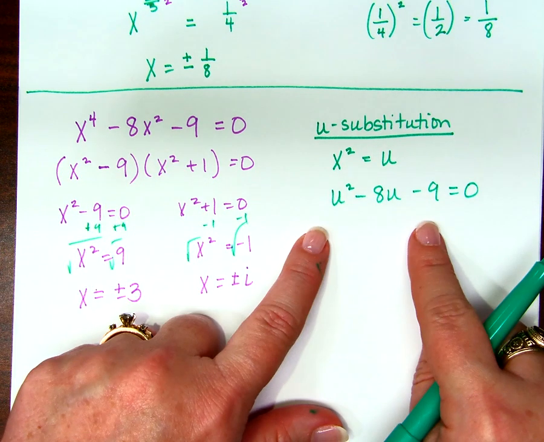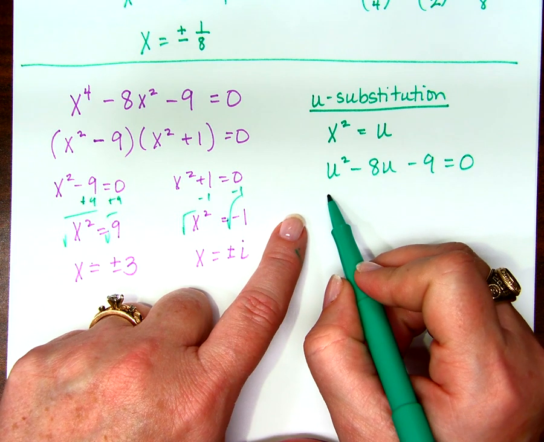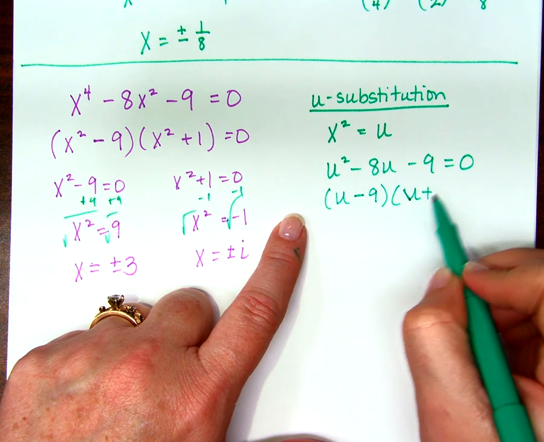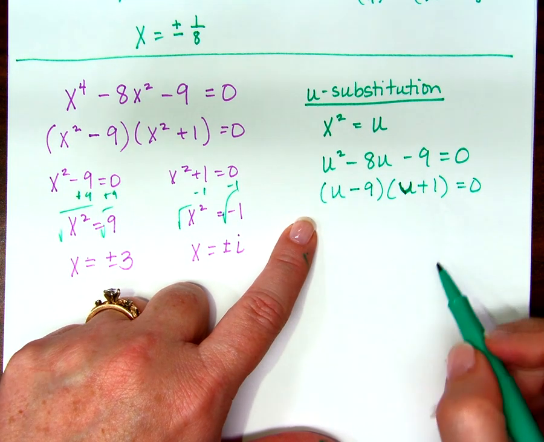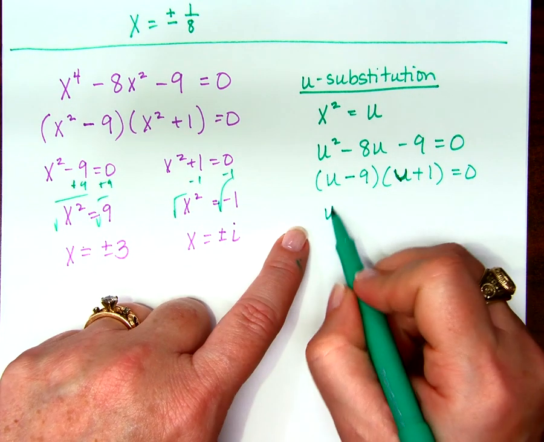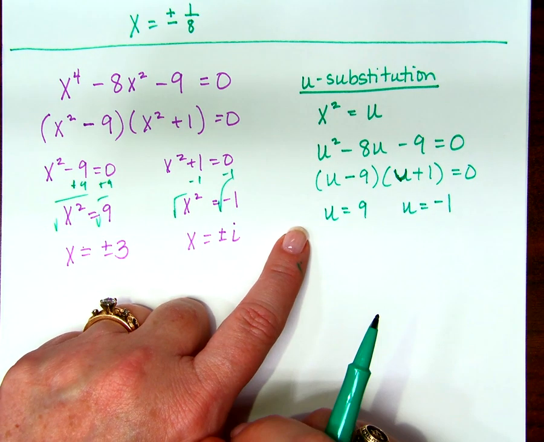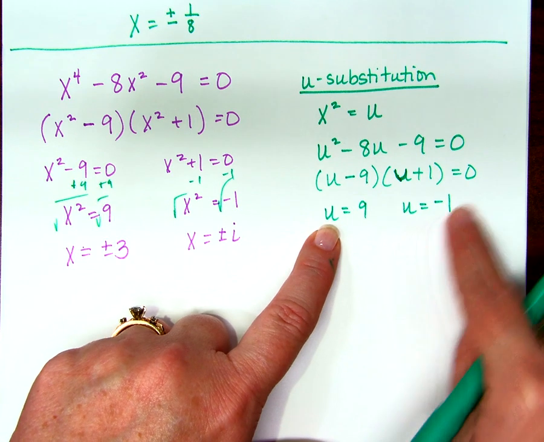And you know how to solve that really easily, right? You know that U minus 9 and U plus 1 would equal 0. I'm sorry, my U looks a little V-ish. And so U equals 9 and U equals negative 1, right? Once you solved for U, then you have to go back to the beginning.